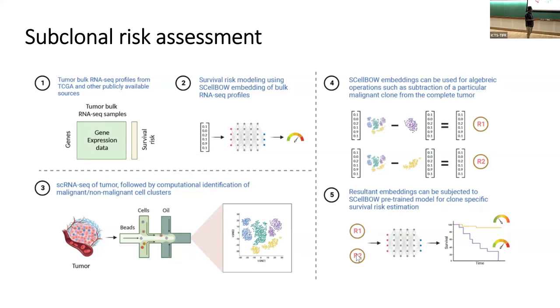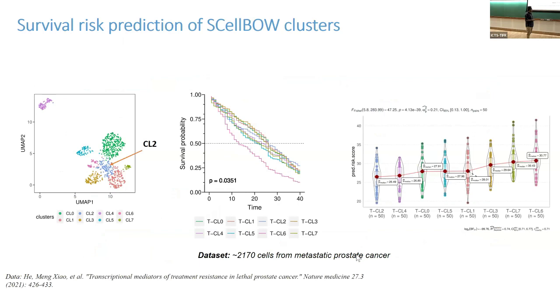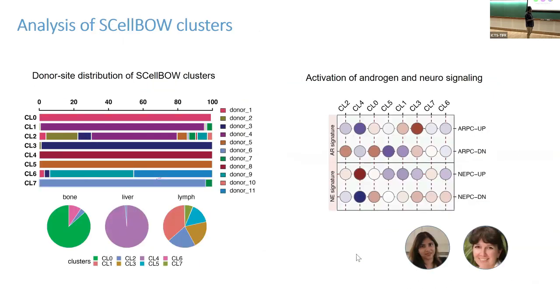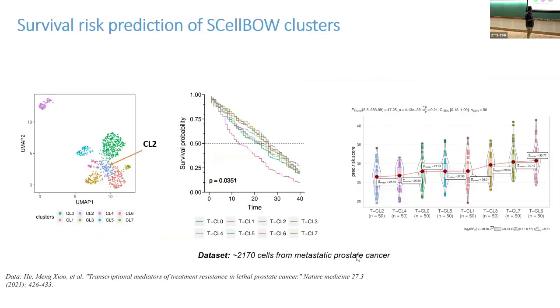But that makes perfect sense. We saw that in prostate cancer and breast cancer, and we could correctly, like you see here, this is the whole tumor, and you subtract the cluster 2, right? Then what happens? The survival risk drops. This is what you can do with artificial intelligence.